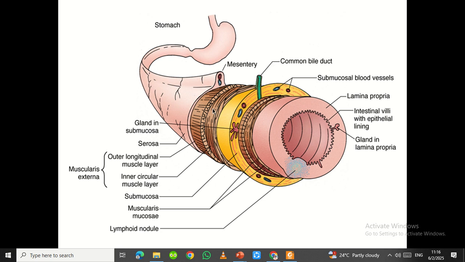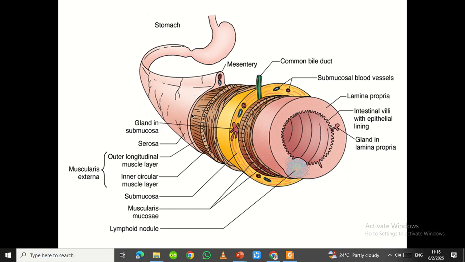And between the inner circular and the outer longitudinal layer, you have another plexus, which is called the Auerbach plexus or the mesenteric plexus, found here. And it is this plexus, the mesenteric plexus, plus the Meissner plexus in the submucosa, that will form the enteric plexus of the GIT. Very important, very important.